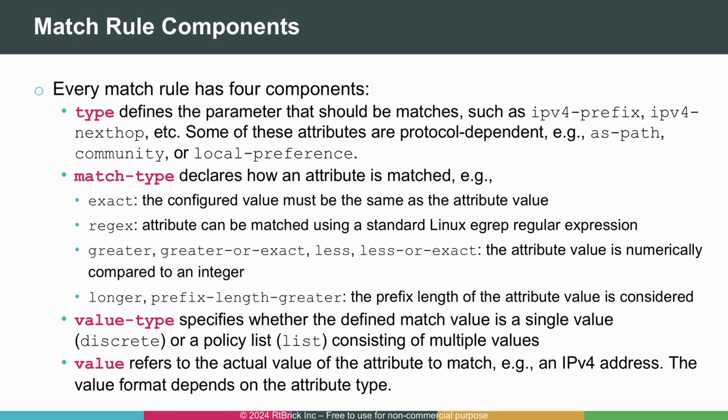This is usually either discrete, meaning a single value, or list, which lets you match against multiple values. And finally, you need to define the actual value. What that looks like depends on the type you picked. For example, if you're matching an IGP metric, the value will be an unsigned integer. But if you're matching a next hop, then it'll be an IPv4 or IPv6 address.